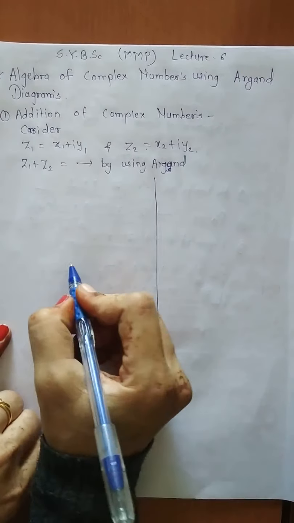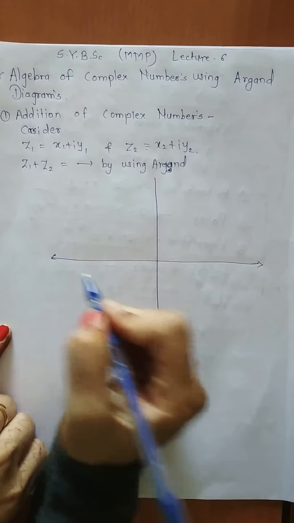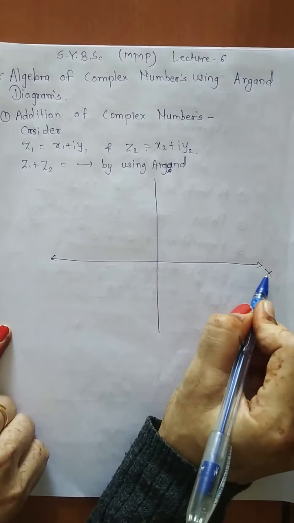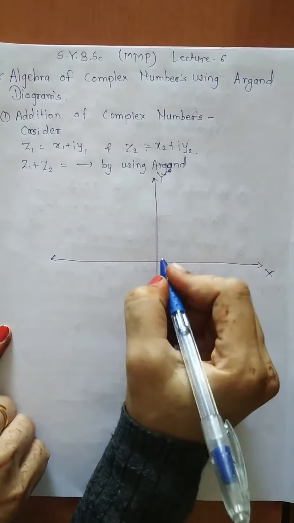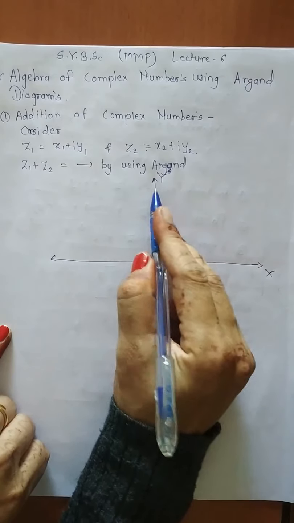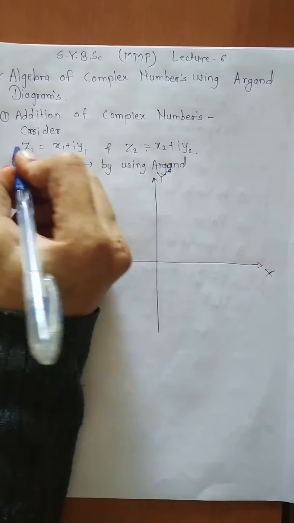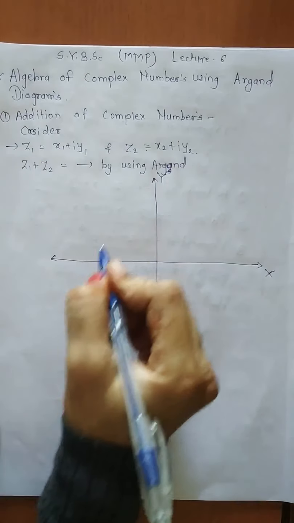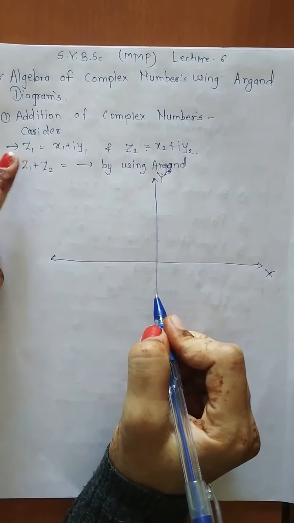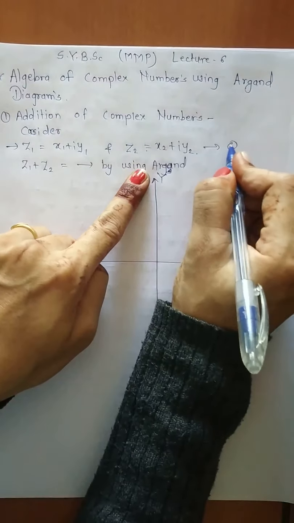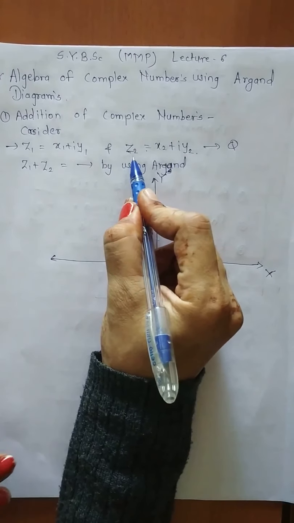Now you are familiar with the Argand diagram. So this is the x-axis, which I am going to use as the real axis, and this is our y-axis, which we are going to use as the imaginary axis. Now I will say that the point P on this Argand diagram will represent Z1 and point Q on this Argand diagram will represent the complex number Z2.